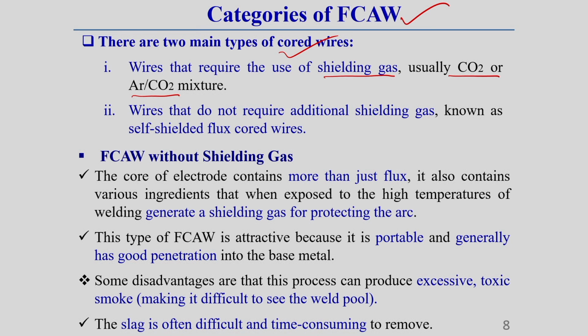And another flux core arc welding process does not require additional shielding gas. It is sometimes called self shielded flux core arc welding process. This is a very important type of welding process. Everything I will discuss in detail in subsequent slides.